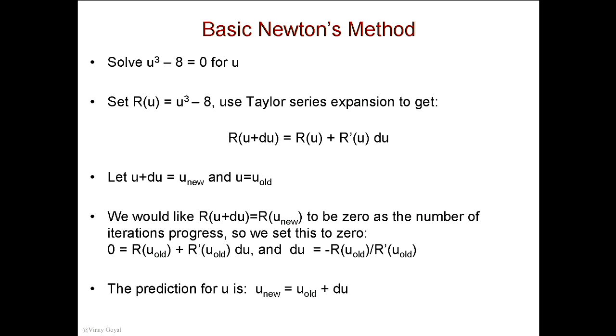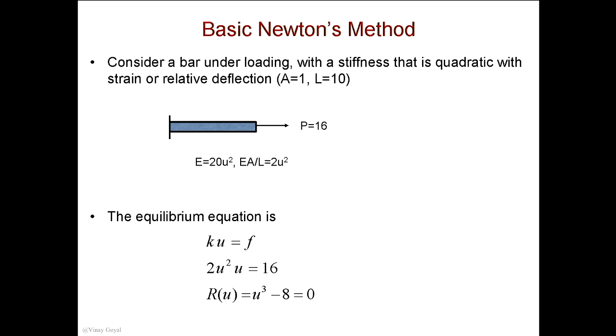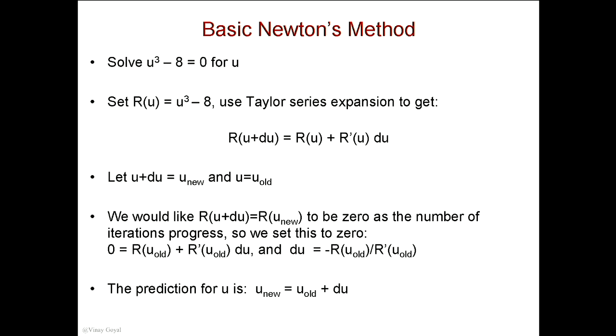That's not correct. 0 cubed minus 8 is minus 8. That's not giving me the right solution. So to improve that solution, I take this old value of u and correct it by du, and du is given by this equation. And you saw how I derived that so quickly.